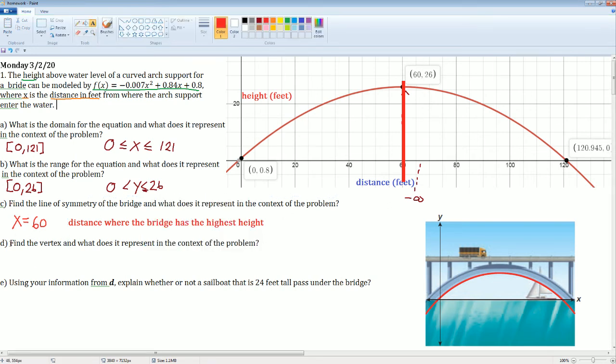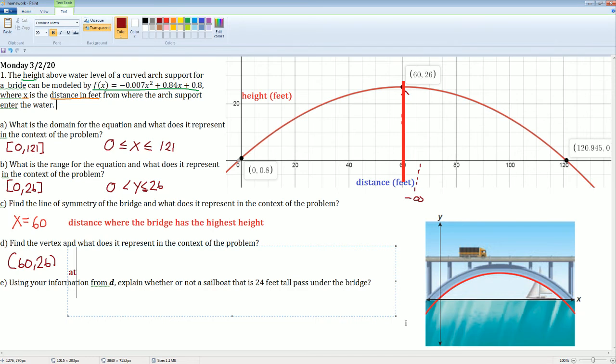Next, let's find the vertex. Our vertex here would be what point? It would be 60 for the x and 26 for the y. So we can say here, at 60 feet across the bridge, the bridge's tallest height is 26 feet.